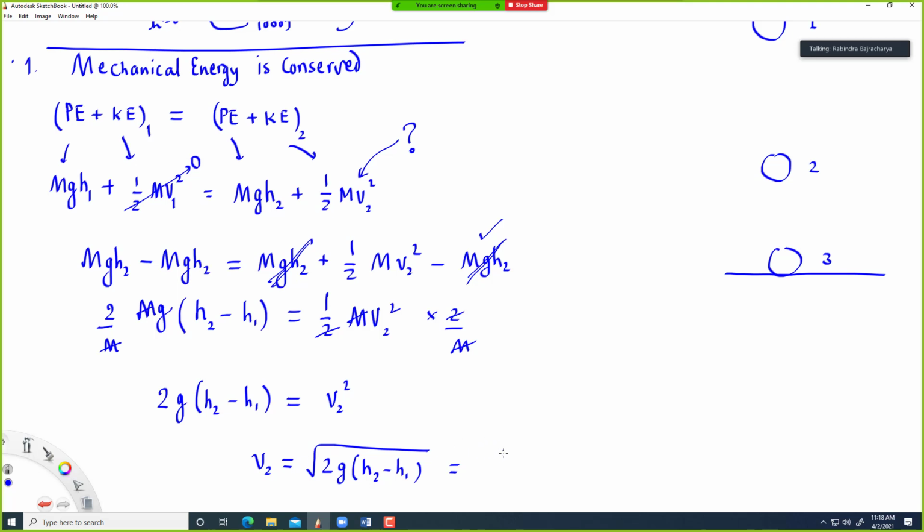Now, plug in the numbers. 2 g is always the same. It is acceleration due to gravity. Now, initial height is 3 meters and final height is 1 meter.